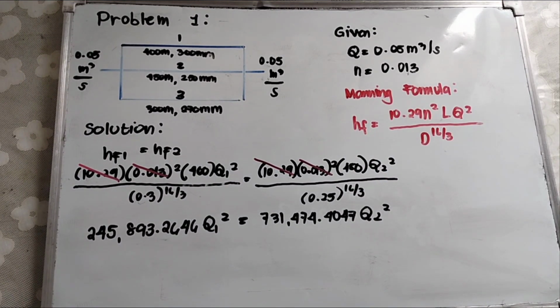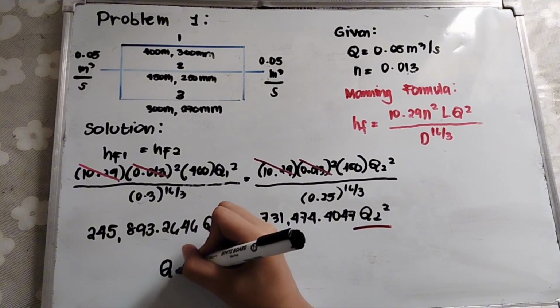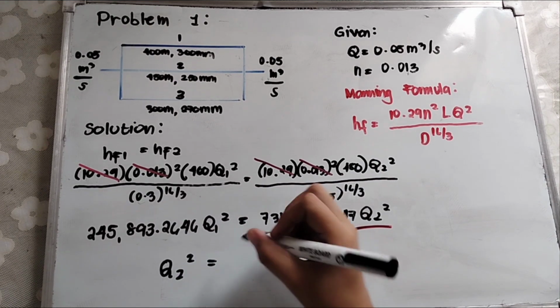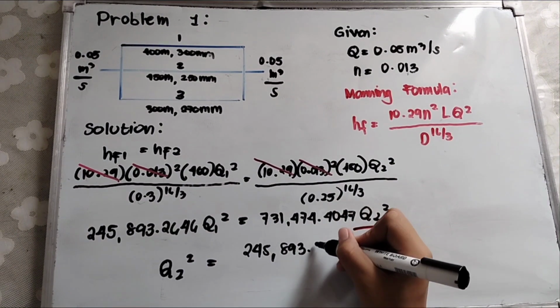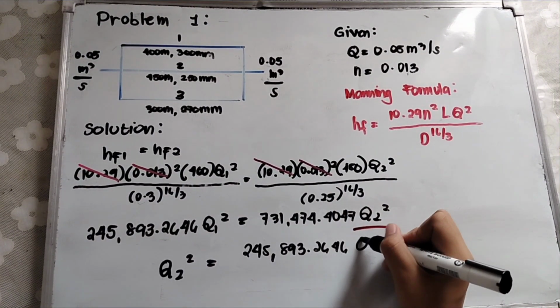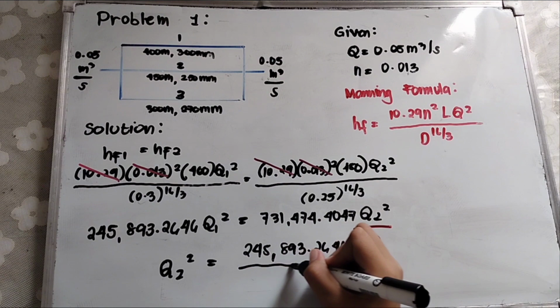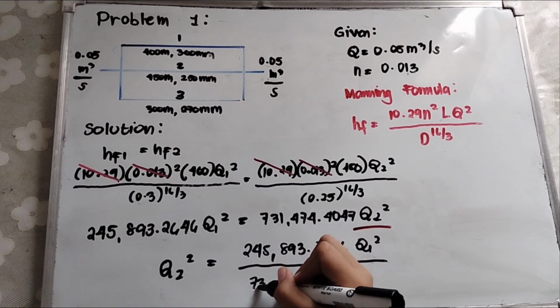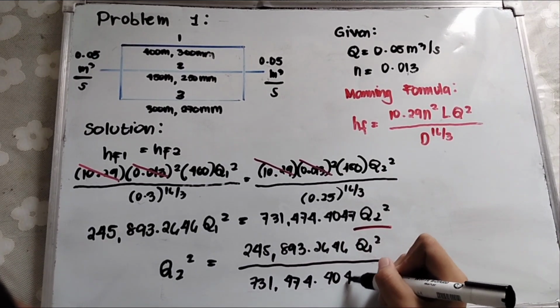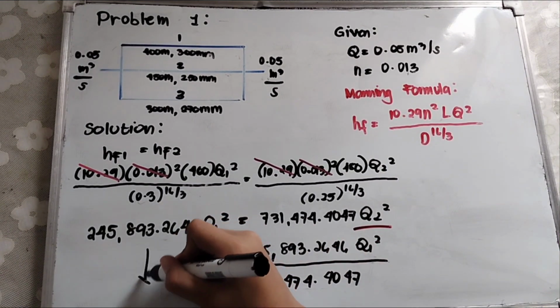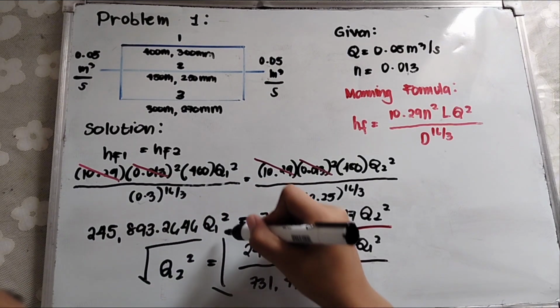We need to find the value of Q sub 2, so we will divide both sides by 731,474.4047, in which we came up with an equation of Q sub 2 raised to 2 is equal to 245,893.2646 Q sub 1 raised to 2 over 731,474.4047. To cancel the square, we just need to square root both sides.